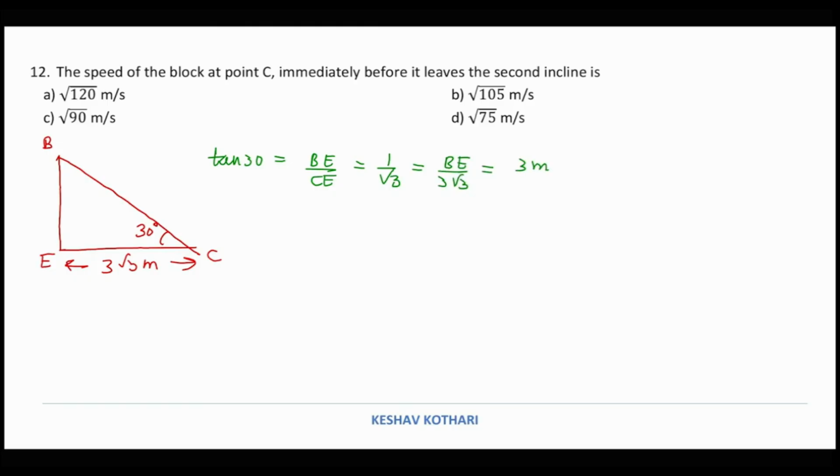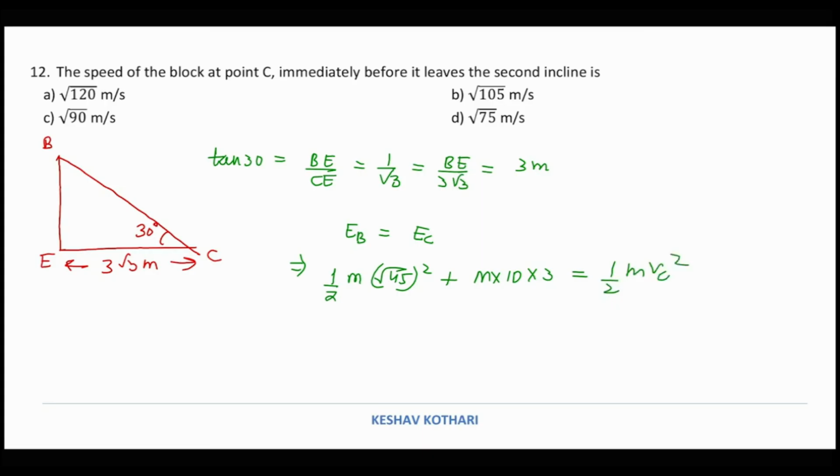So if we apply mechanical energy conservation at B and C respectively, I can say energy is conserved at B and C. Now at B the value of velocity is calculated as half m root over 45 whole square, half m v square, plus mgh, that is m, g is 10 into 3, which is equal to half m velocity at C squared.